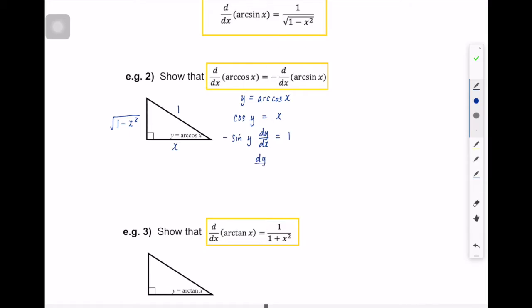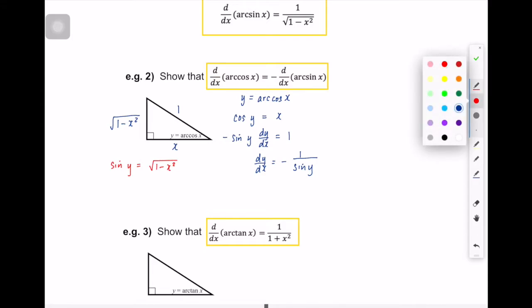And so dy by dx is negative 1 over sine y. Now, what is sine y on this diagram? Let's take a look. It's the opposite side over hypotenuse, which is 1, so we don't have to write that.